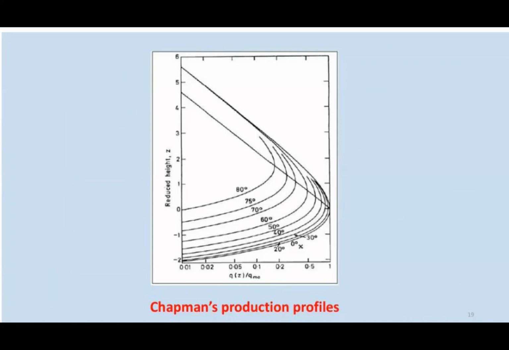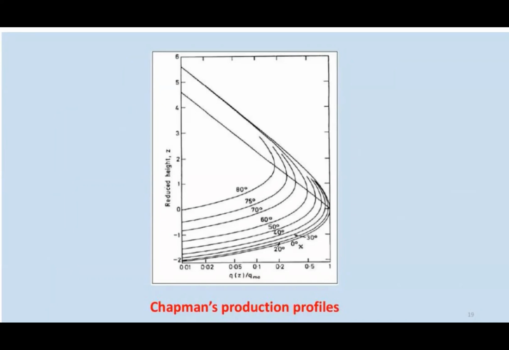The lower part of the profile is very much dependent upon the solar zenith angle. That comes out from that mathematical equation. But when you go to higher heights, the effect of solar zenith angle is not very significant. That is why all the curves merge towards a single curve at higher heights. Another point to note here is that in the early morning, the sun is almost at the horizon, with solar zenith angle 90 degrees, 80 degrees like that.